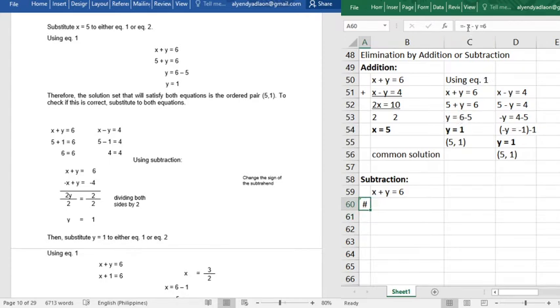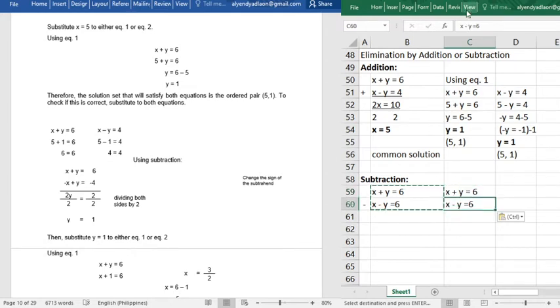Now take note, class, that if we are going to subtract this one, what will happen is that their signs will be changed to the opposite.